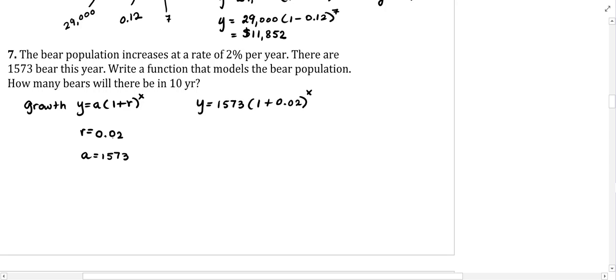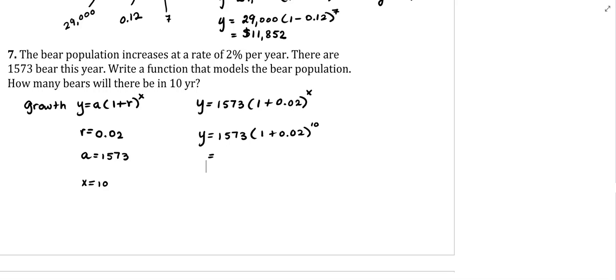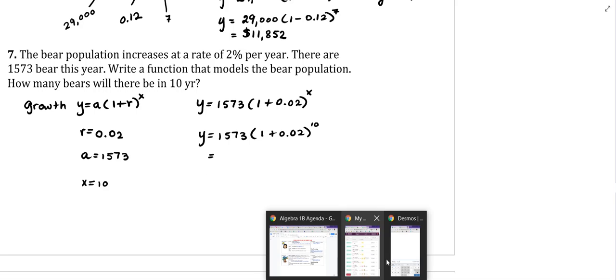Since the growth rate is only 2%, that's a very small increase, okay? How many bears will there be in 10 years? So we know that x will be 10. I wonder how many little cubs we're gonna get.